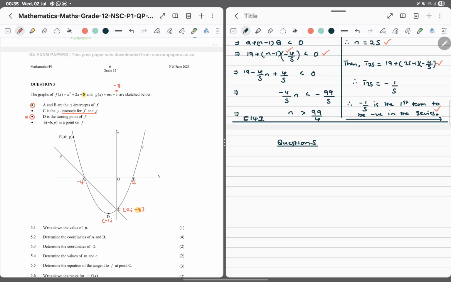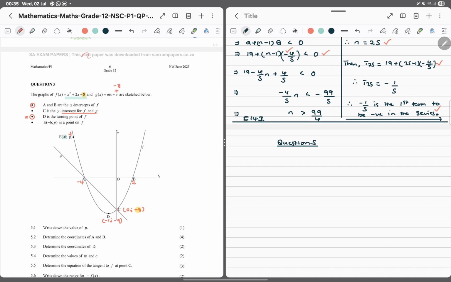Minus 1 minus 8 is minus 9. Okay, so sometimes, guys, be very, very comfortable here. There's no excuse. And then this P is easy because we'll just substitute this value into the equation and find out the corresponding y value. So it's as easy as that.